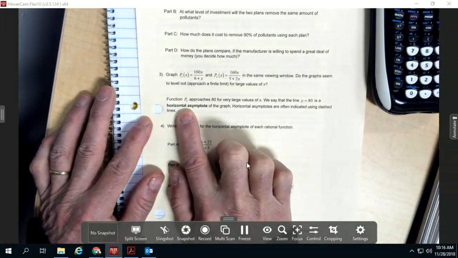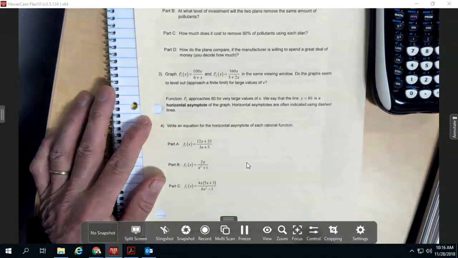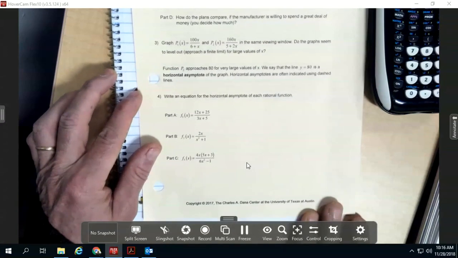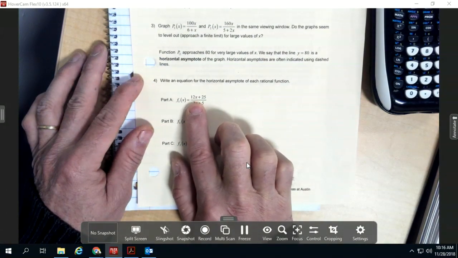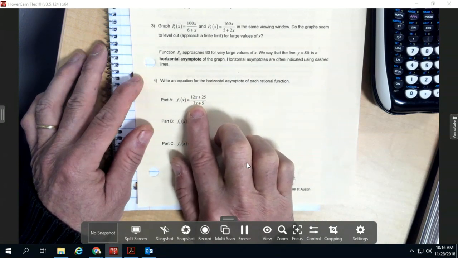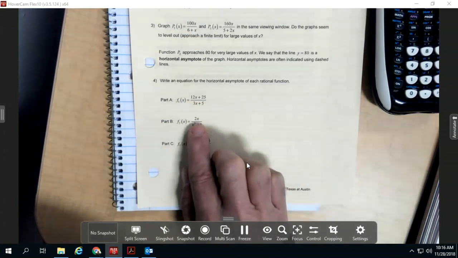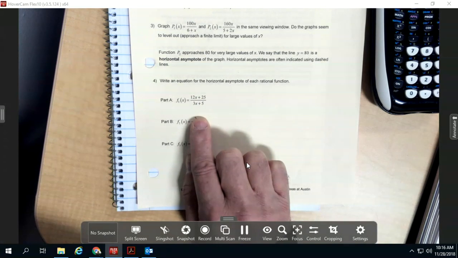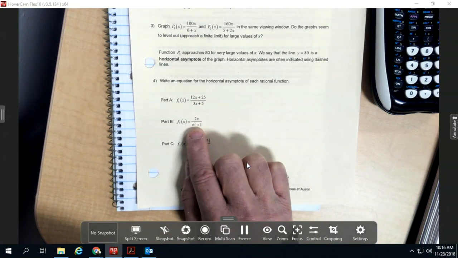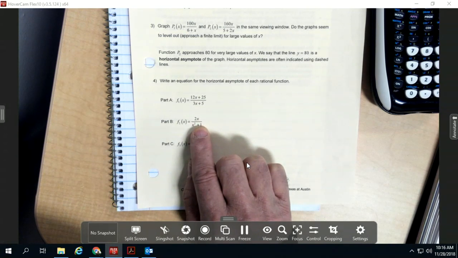That is called a horizontal asymptote, or the end behavior. Okay? So here, what's the horizontal asymptote? Y equals 4. How about here, horizontal asymptote? Y equals 0.